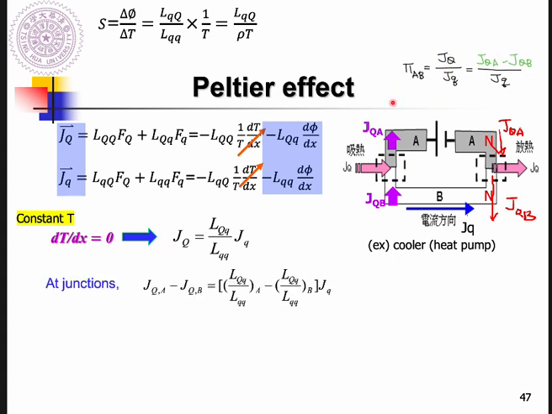For JQA, you just put the A here, and this is a material property, so you have the coefficient for A and the current density outside. Minus JQB is minus this B and the current density, put outside. So here this is the upper part, and you directly divide by J small q, then you get the Peltier coefficient.